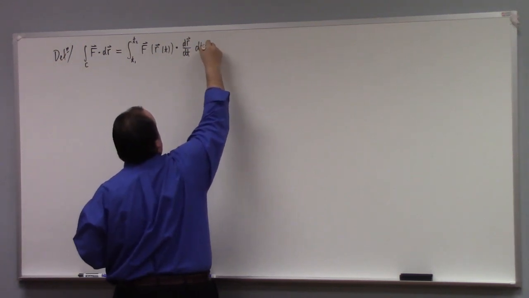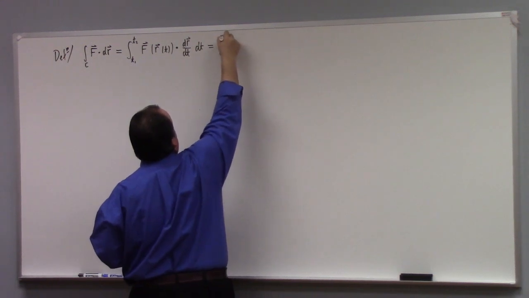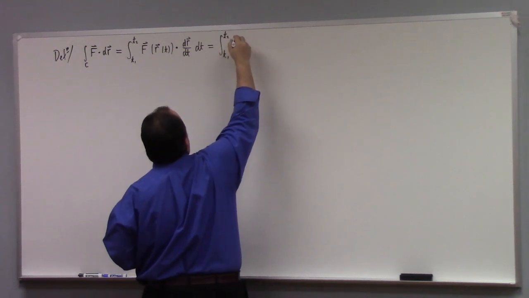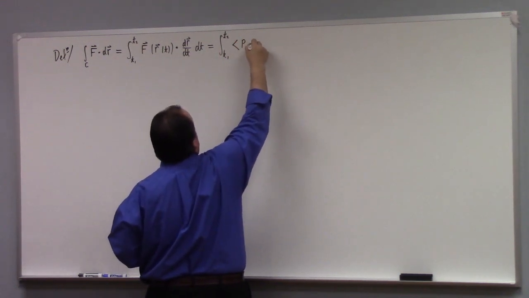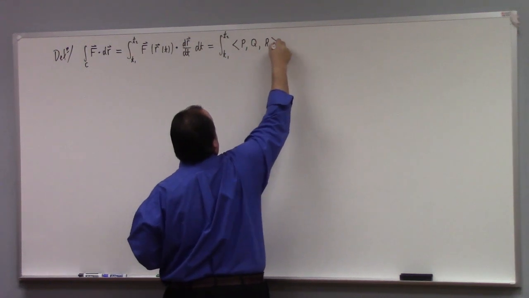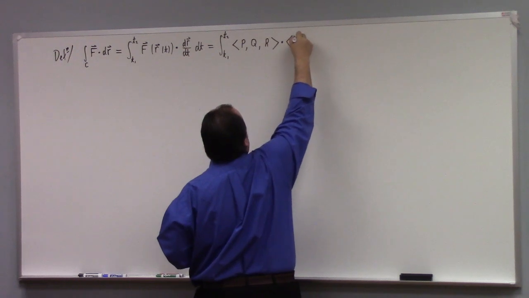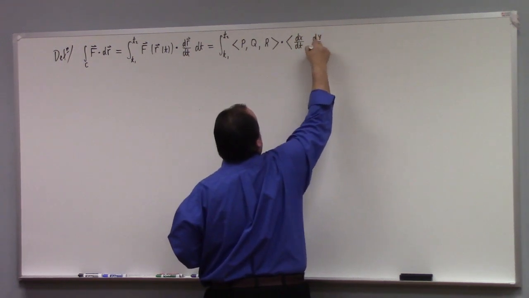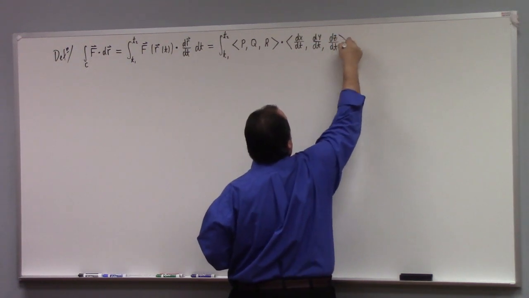And of course, we can write that also as the integral from t1 to t2 of, let's say, we could talk about P, Q, R for the components of our three-dimensional vector. And of course, dr dt would be dx dt, dy dt, dz dt, right?